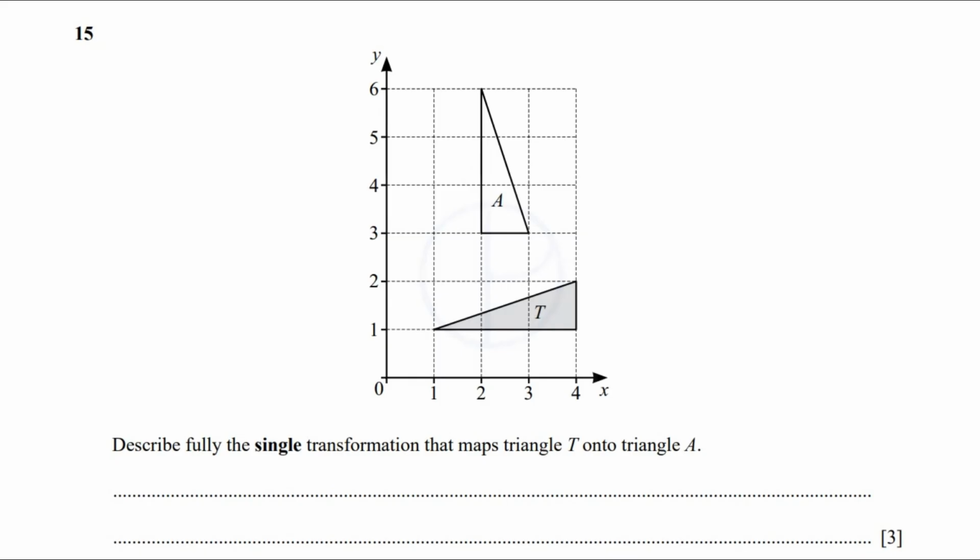Join the corresponding vertices of the original shape and the transformed shape. Next, construct a perpendicular bisector for these lines. First, find the midpoints for these lines. Then, draw a perpendicular line from these points.